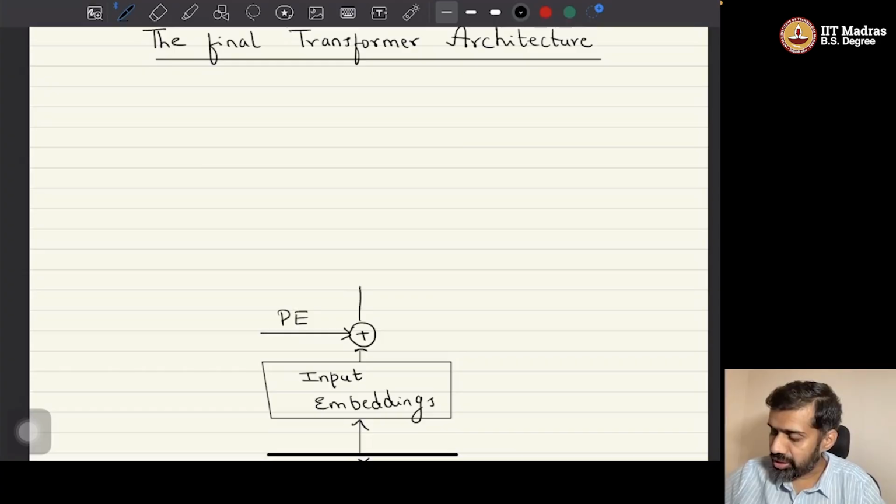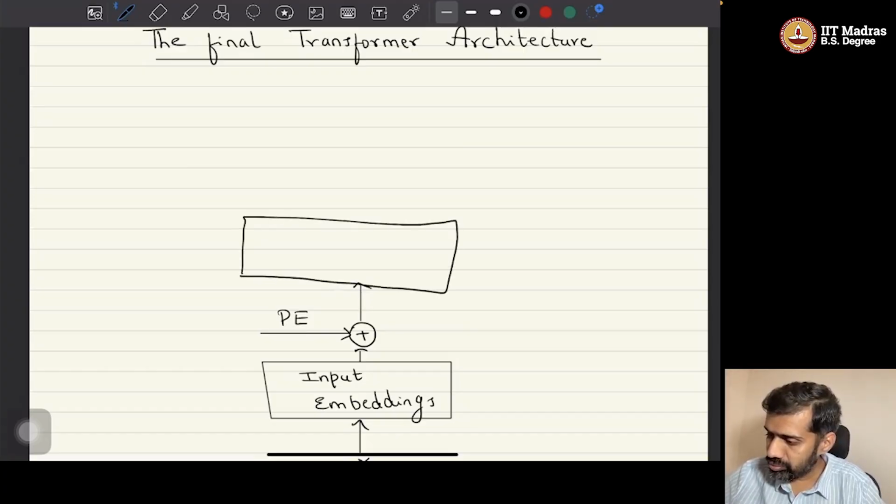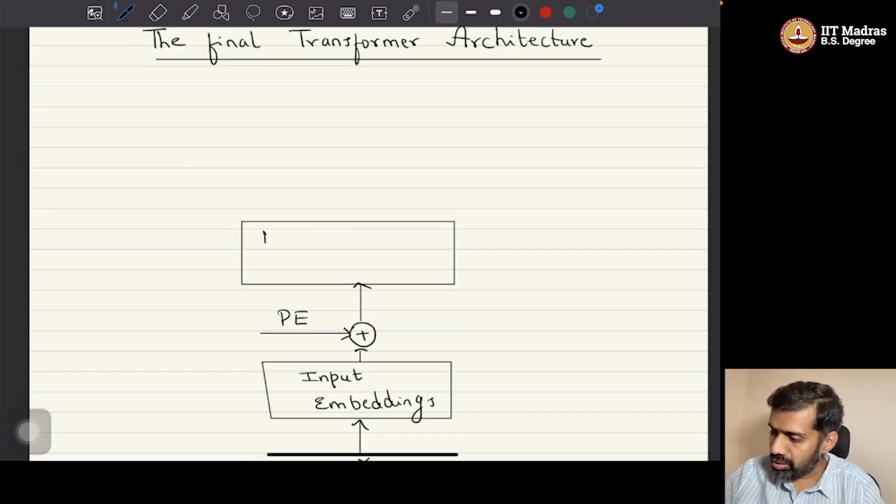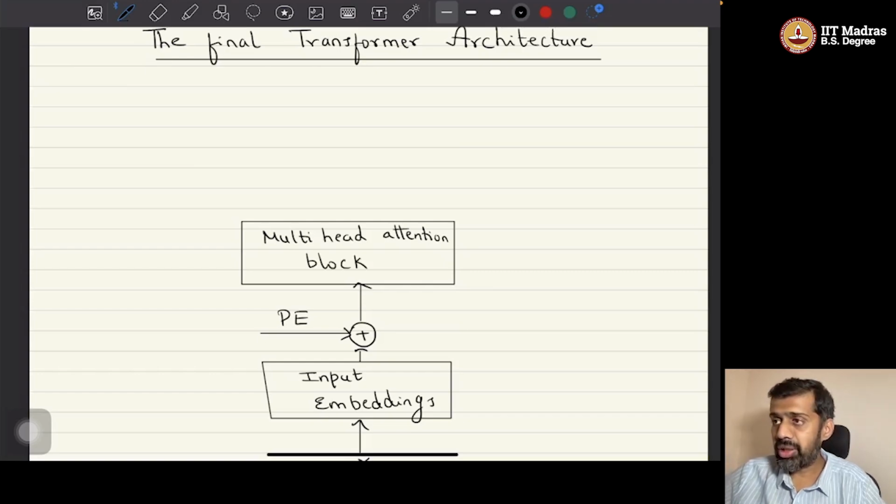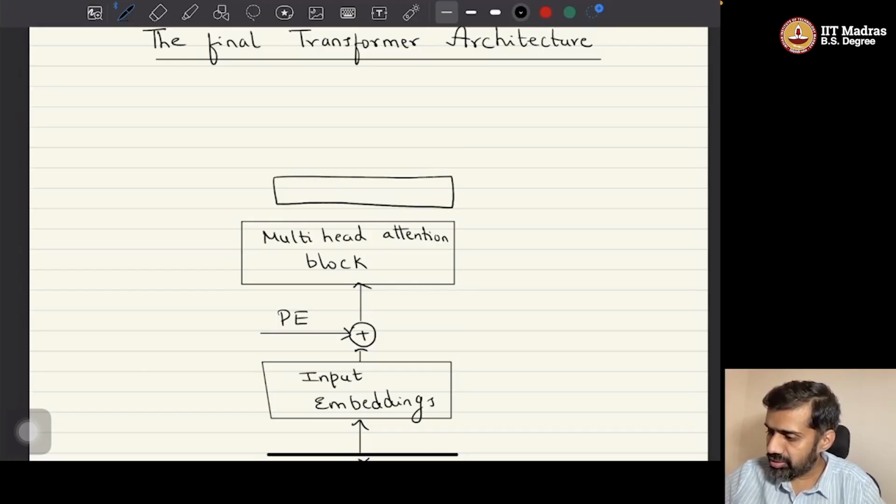Then we have a multi-head attention block. Once we have the multi-head attention, we have a residual layer here.